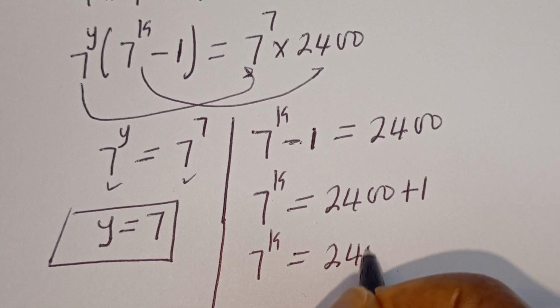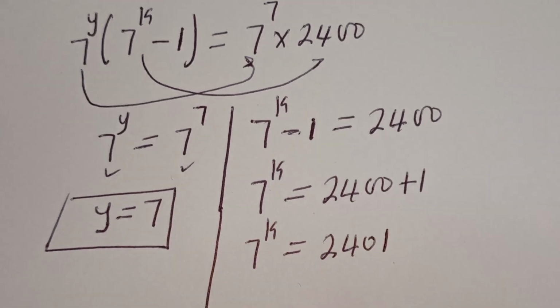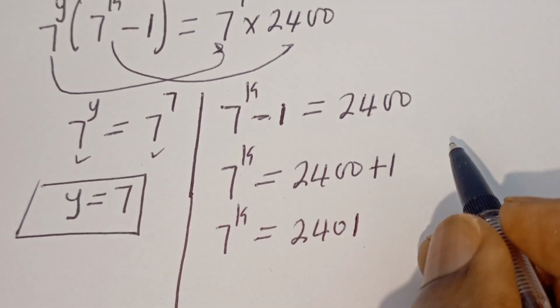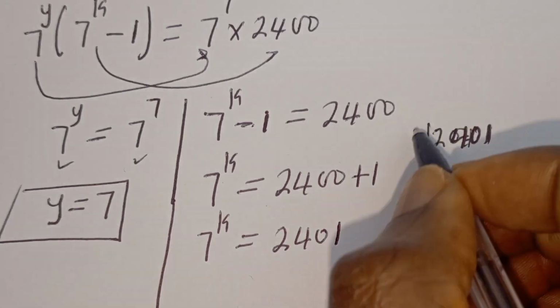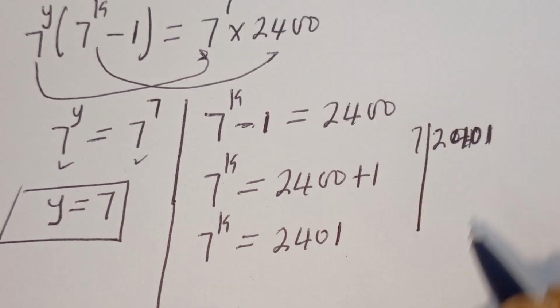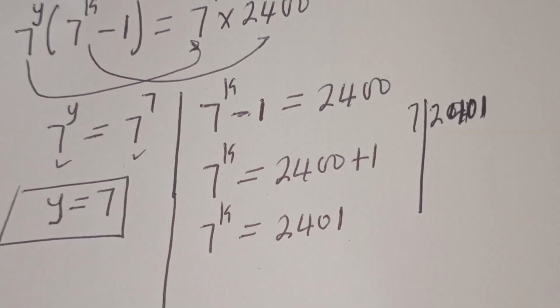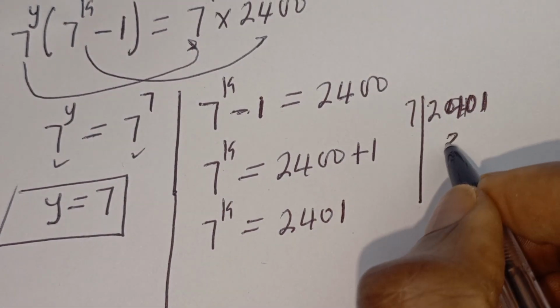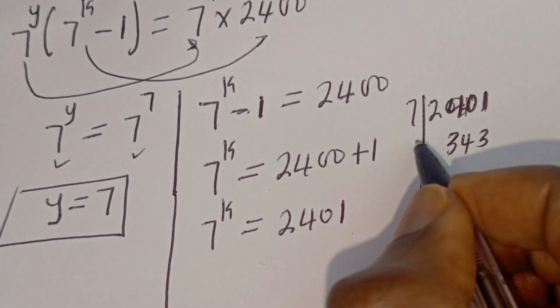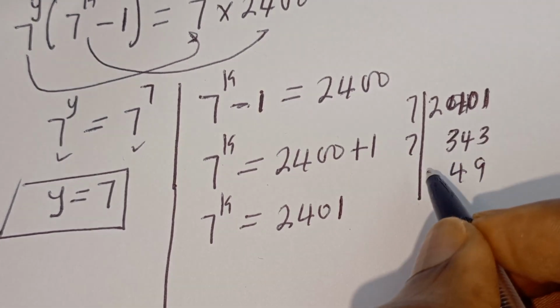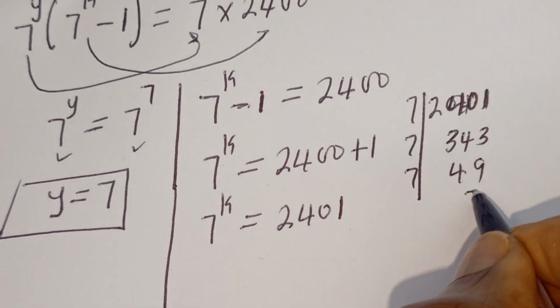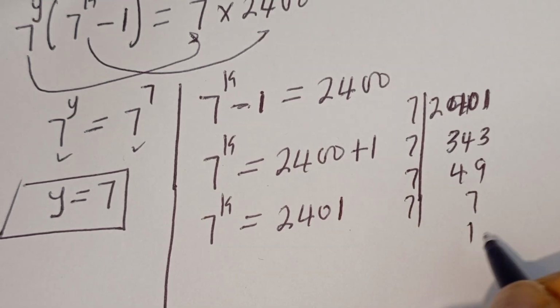Then this is 7 to the power of k is equal to 2401. Now let's see, 2401, let's divide by 7. This will give you 343. Then divided by 7, this will be 49. Then if you divide it by 7, here will be 7, and 7 gives 1.